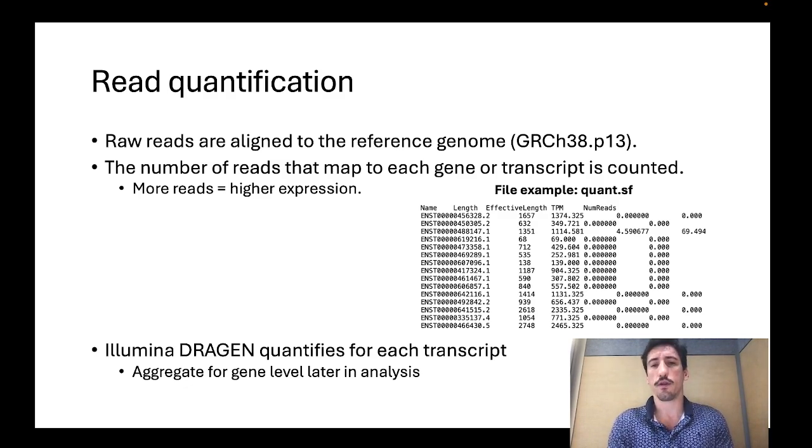And like I've said in other videos, there are multiple transcripts that correspond to one gene. Later down in the analysis, if you want to go look at the DESeq2 step-by-step, that'll show you how we're actually aggregating these transcripts to the gene level. But ultimately, I just wanted to show you an example of what these quantification files actually look like.